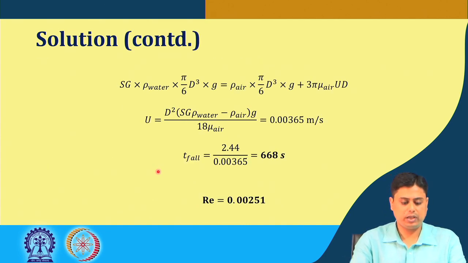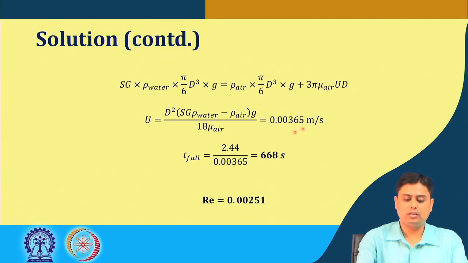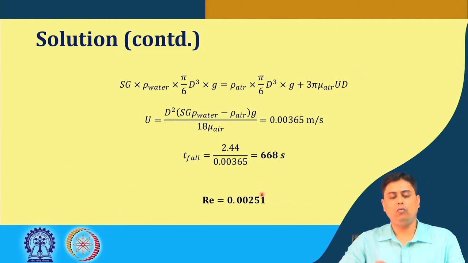So, with this u we recalculate the value of Re, and we find out that it is indeed well within the range of the creeping flow, that is well below the value 1.